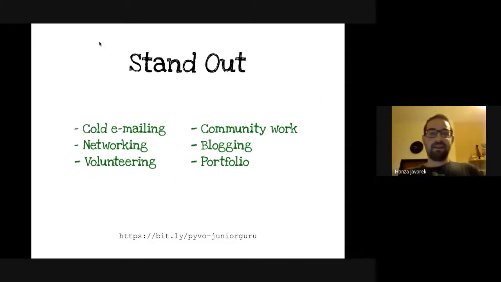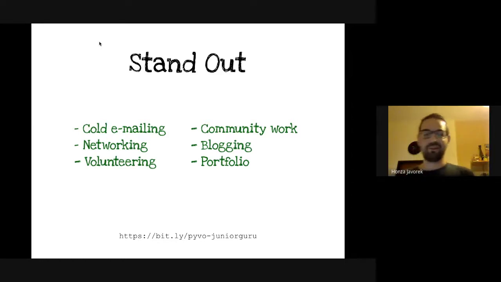And the last thing is a couple of tips on how you can stand out. And that is, you can cold email companies you would like to work for. You probably know some companies, or you can find them nearby, that you like what the company does, and you would like to help them with their mission, or you just like the culture there, and they don't have open positions, but you can still cold email them and say, hey, I'm a junior, I would love to work for you because blah, blah, blah.